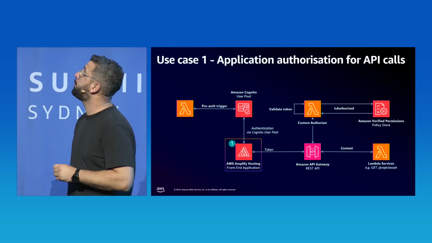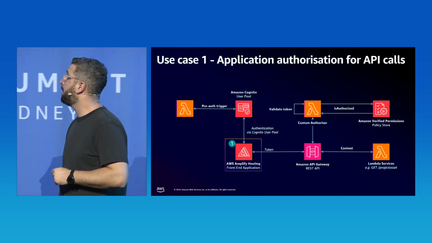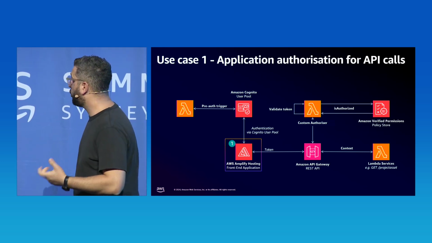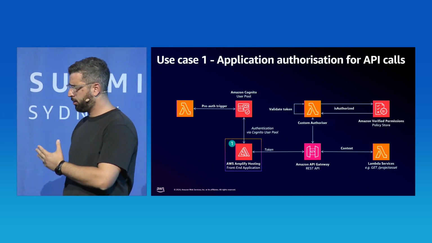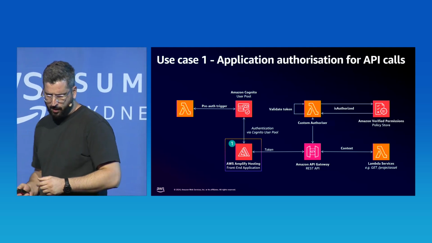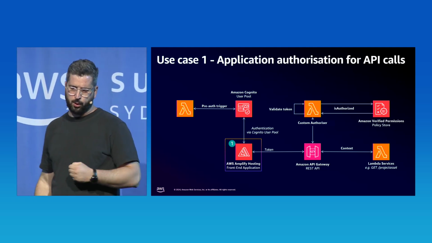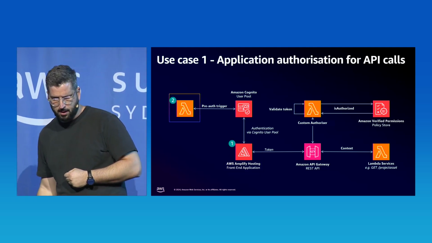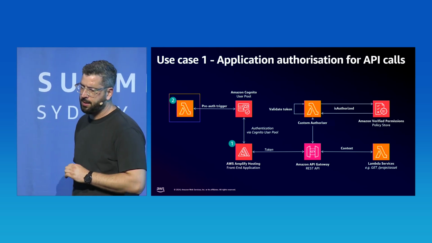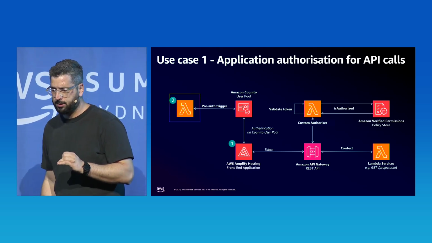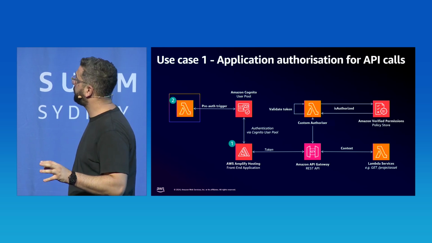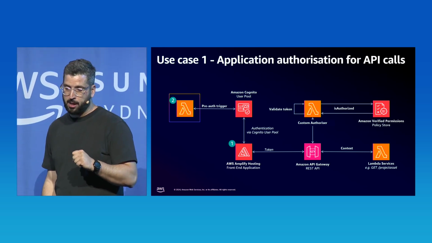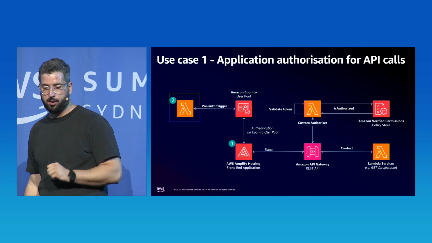So now I just wanted to show you a few use cases that helped us modernize an application using AVP. In the first one, similar to what Kunal just showed you earlier, the application makes a login request to the front end using Cognito. On the second step, you can see that Cognito validates the request by invoking a Lambda function with a pre-authorization trigger and injects custom attributes from our database into the tokens.